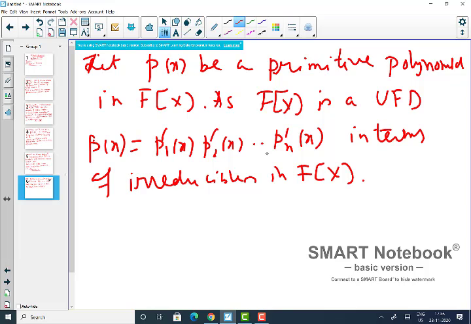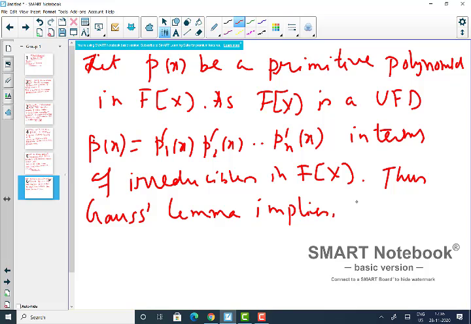Thus Gauss lemma implies the existence of factors in R[x] also.